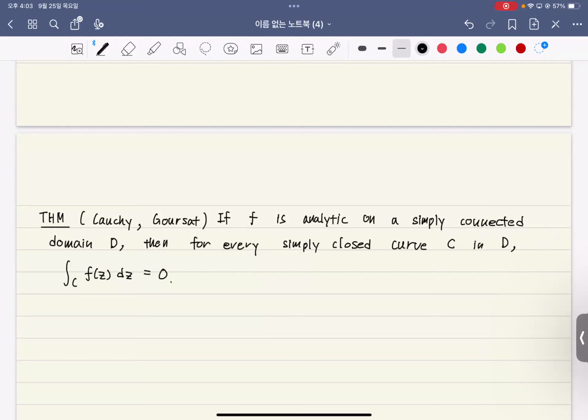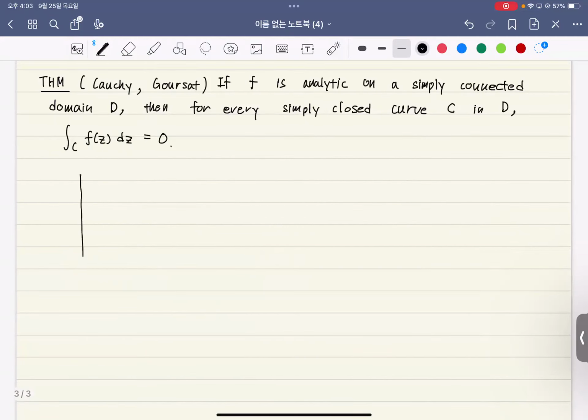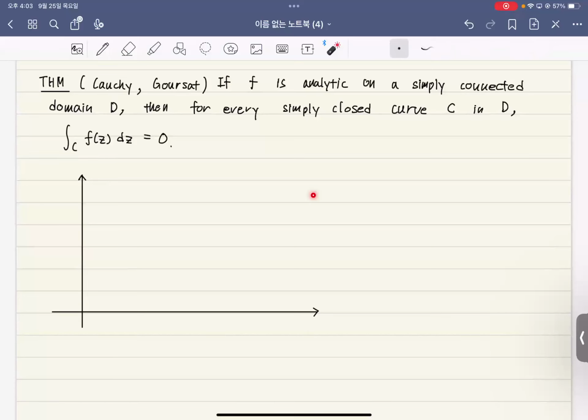All right, so what is the idea? The idea goes like this. This is the complex plane, and this is the domain, a simply connected domain.